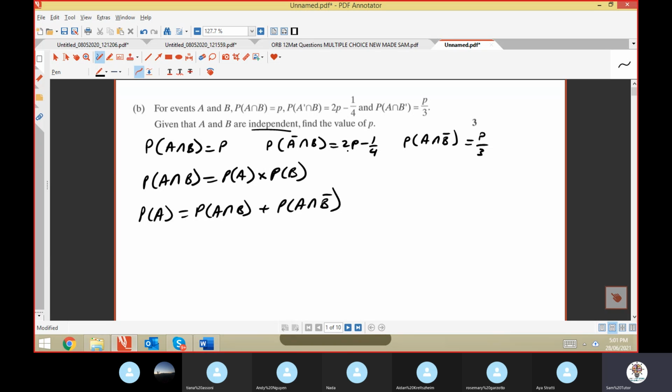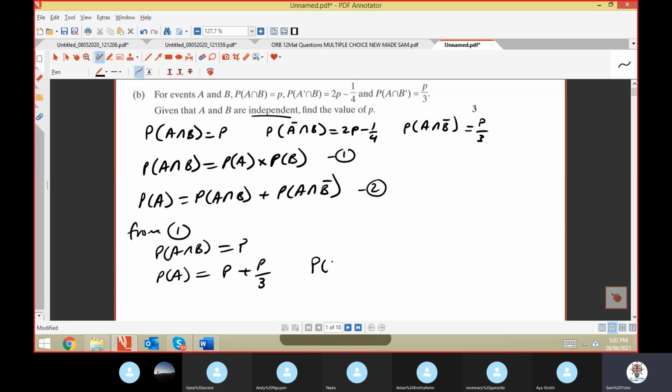Okay, so what do we have? Let's call this equation 1, equation 2. From 1, probability of A and B equals P. Probability of A equals probability of A and B plus probability of A and not B, so that's P plus P over 3.